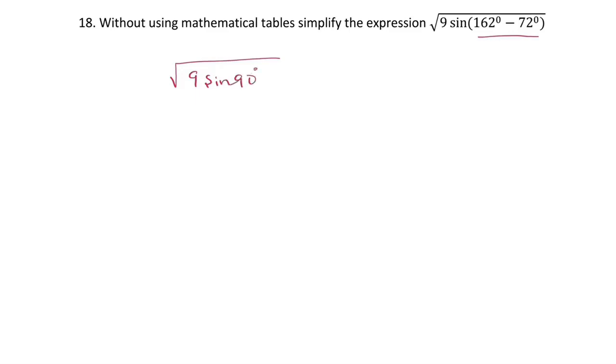Okay, so we know that sine 90 degrees equals 1. Then our expression is going to be under root 9 times 1, which becomes under root 9. Solving this, we are having 3. And this is going to be our answer.